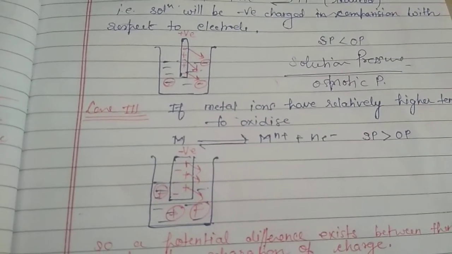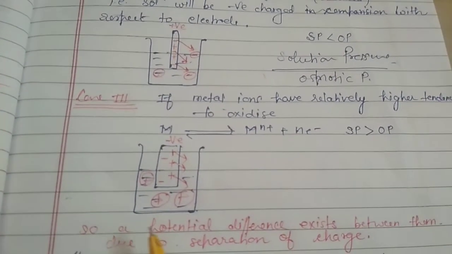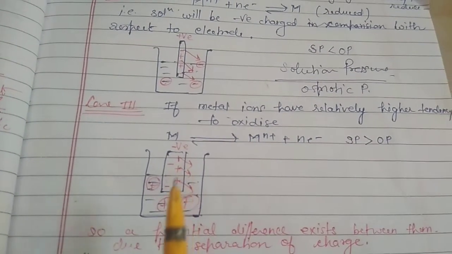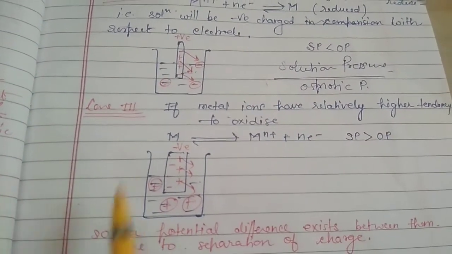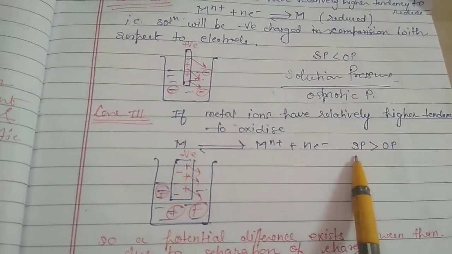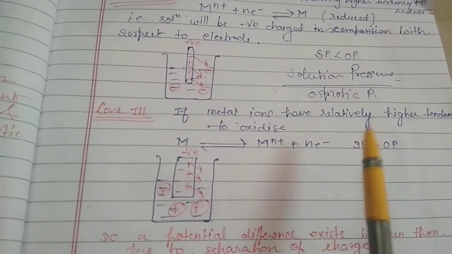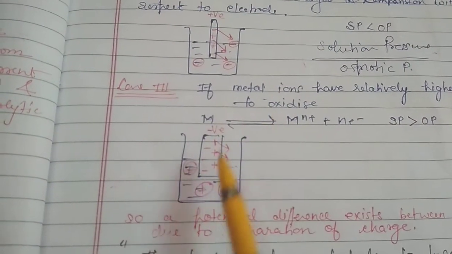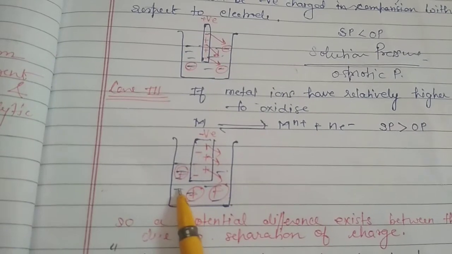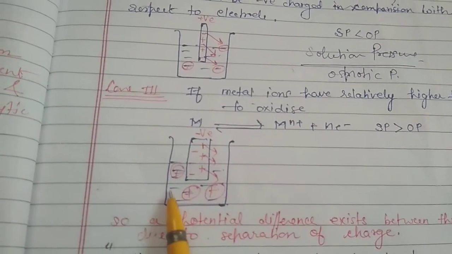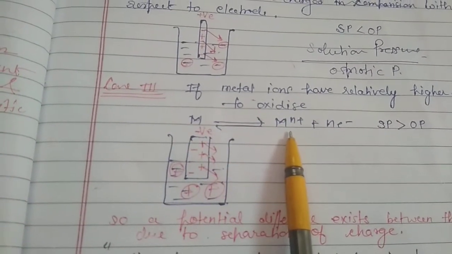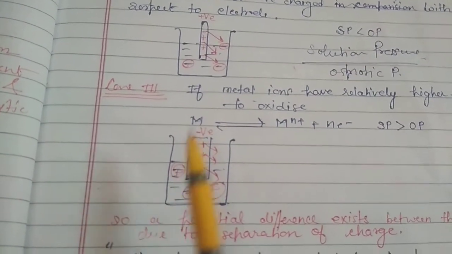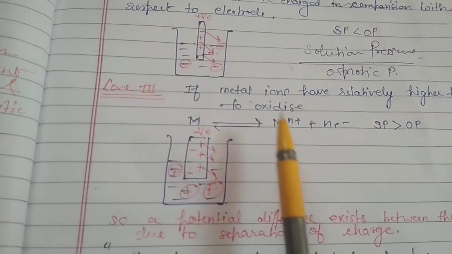It means these two possibilities depend on whether the solution pressure is greater or the osmotic pressure is greater. Solution pressure is the tendency of the metal to get oxidized. So if the solution pressure is greater than the osmotic pressure, then the metal gets oxidized.